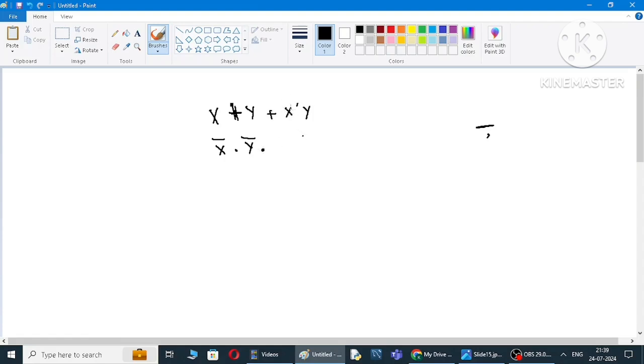Now here, consider this as a separate expression, x bar y. X bar will become x because complement of complement. Dot will become plus, y will become y bar. So in the very next step, you can easily find the complement without applying break the line, change. Without doing it step by step, you can finish it in a single step.